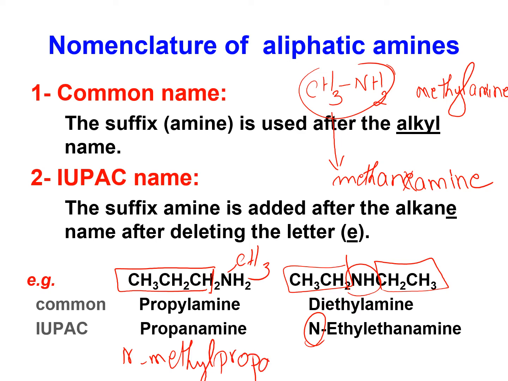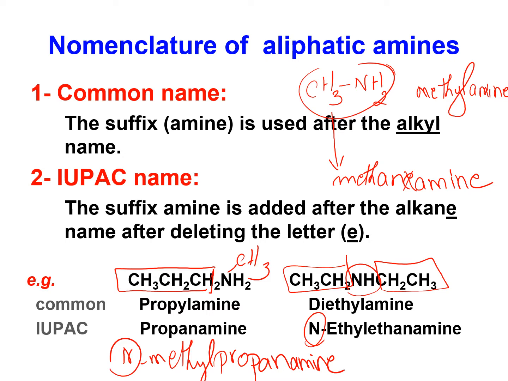How to choose the parent? The longest. You will choose the parent chain that you will consider as the parent chain of the structure. It's going to be the longest chain attached to the nitrogen, and all the other smaller alkyl groups are going to be substituents on the nitrogen. They're going to be given the letter N. They're not going to be given any numbers.